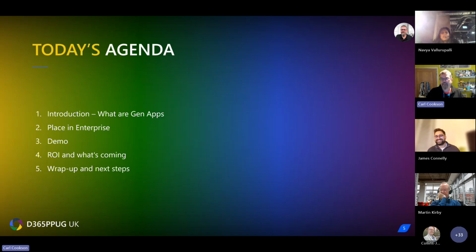He's the one with all the knowledge and all the skill, and I'm just here to prod him along and be his admin. So how do we use Gen Apps in the enterprise? That's where James is really strong. What is their place currently in the enterprise? Then I'll do some demos, and hopefully the slaughter of my firstborn will be enough for the demo gods to allow us to use Gen Apps.